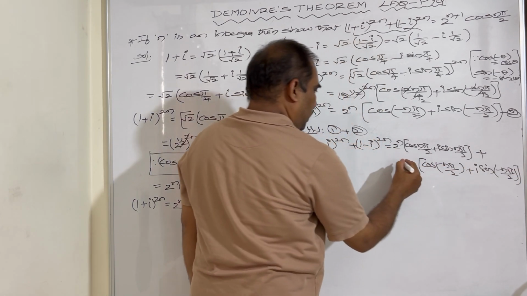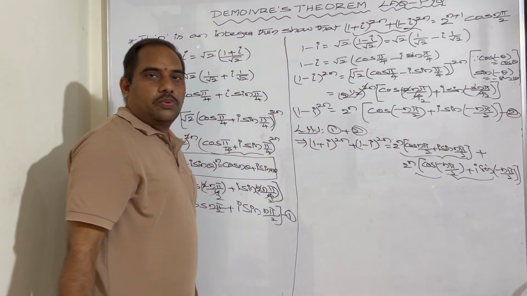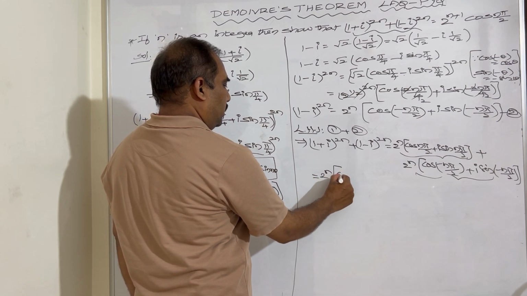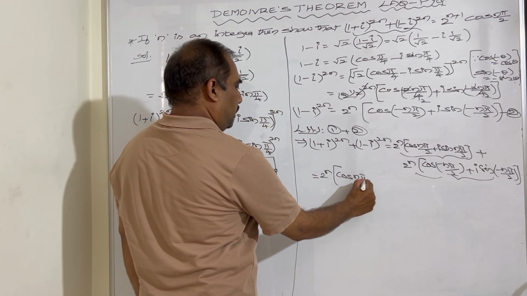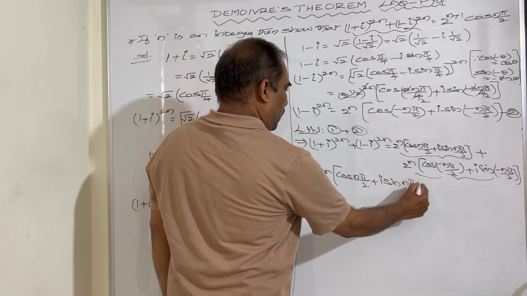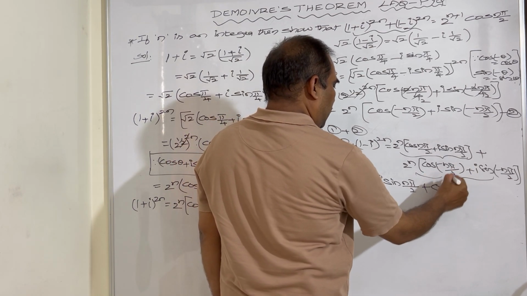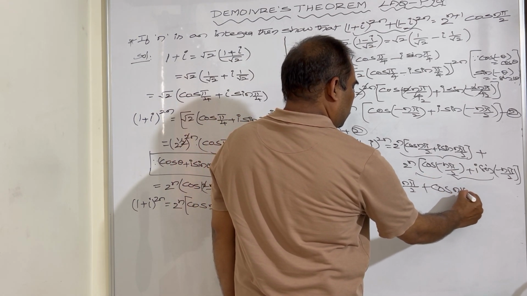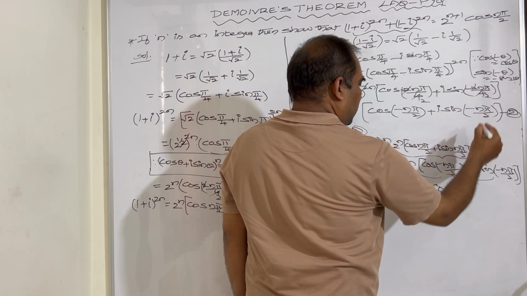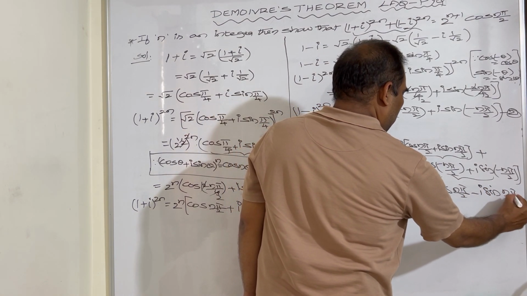Finally, in both the terms, we clearly have 2 to the power of n common. So if you take 2 to the power of n common, we get cos of n pi by 2 plus i sine of n pi by 2, and here plus cos of minus theta, that is only cos theta, so cos n pi by 2, and sine of minus theta is minus sine theta, so minus i sine of n pi by 2 here.